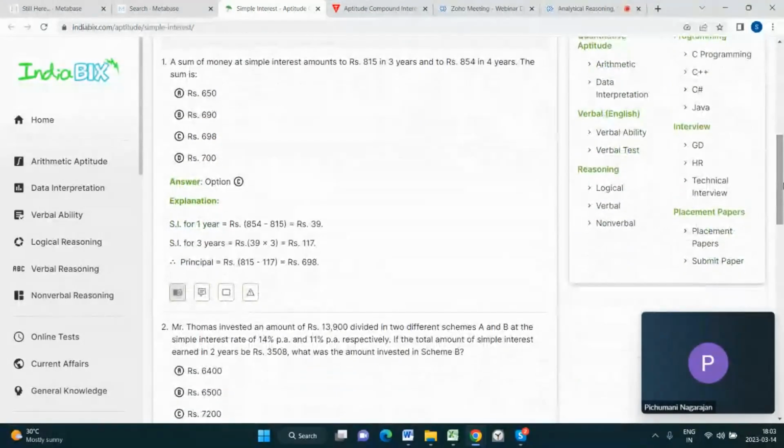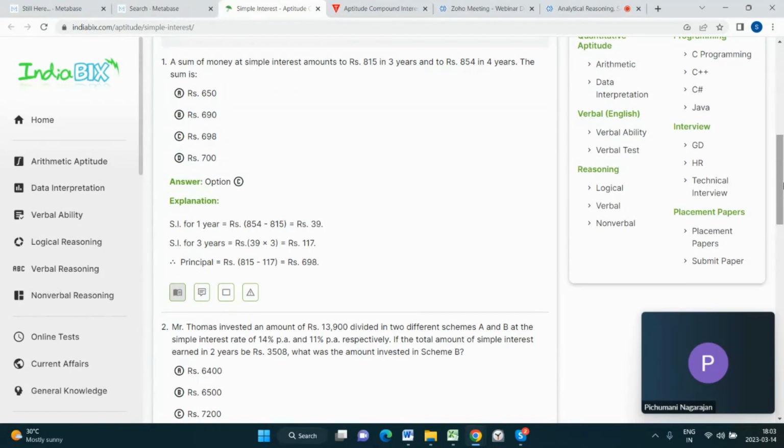What is simple interest? Simple interest is nothing but the interest given on the deposit amount which you put in any financial institution, and it is the same for all the years you keep it in the bank.